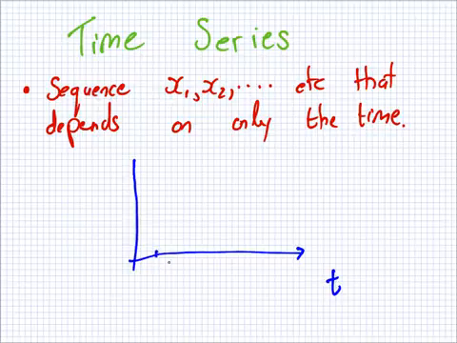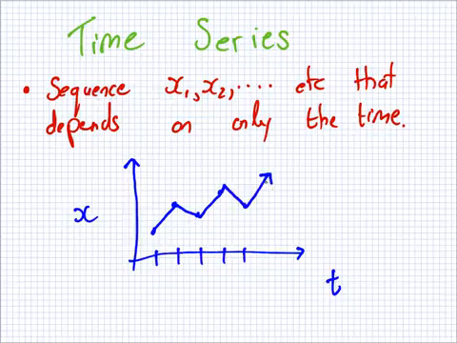So like the first time, second, third, fourth, fifth, and here we have our x. And we get a graph like this. So as you were saying, Malik, it's like finance, isn't it? This could be like the price of gold or something like that.